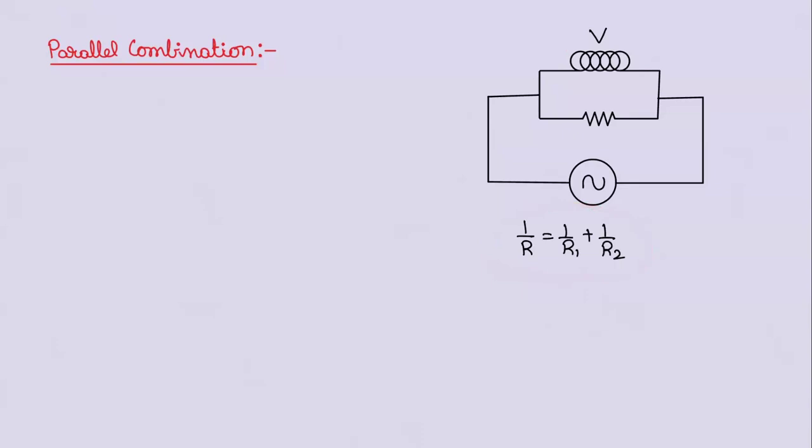Good. Next part is that current I coming in splits into I1 and I2. Current will split here. Voltage remains same.